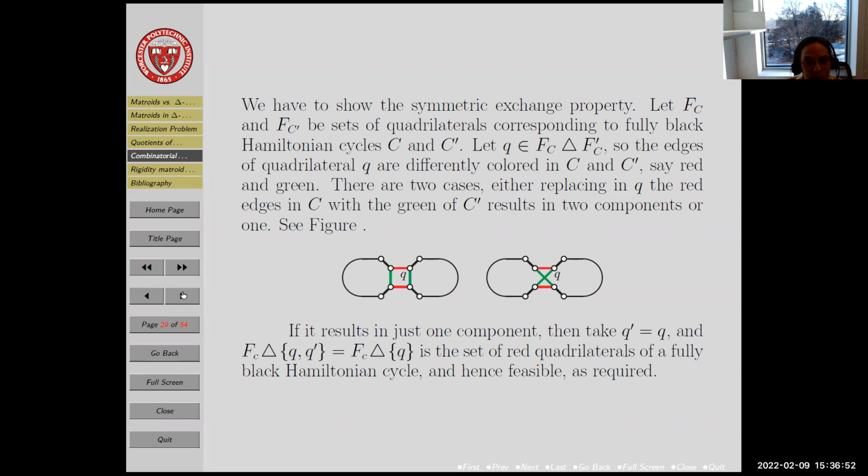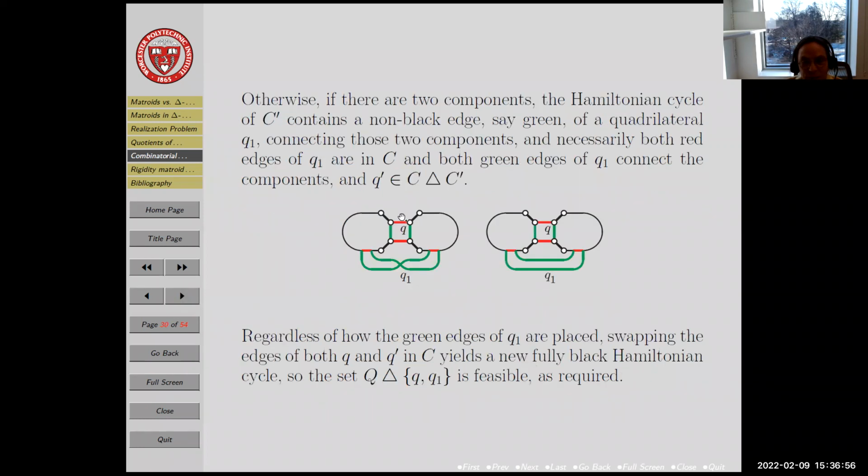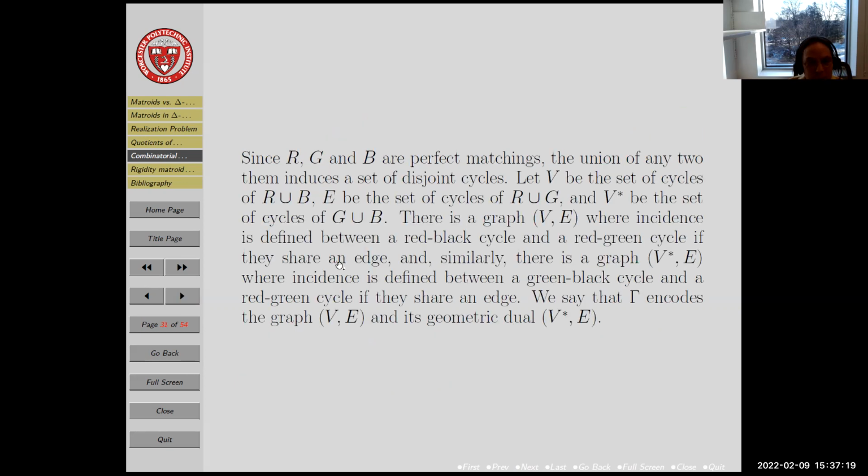And so we can prove the exchange axiom quite directly, right? And if I get more than one component, then I can fix my connectivity yet again by adding or removing pairs of green edges.